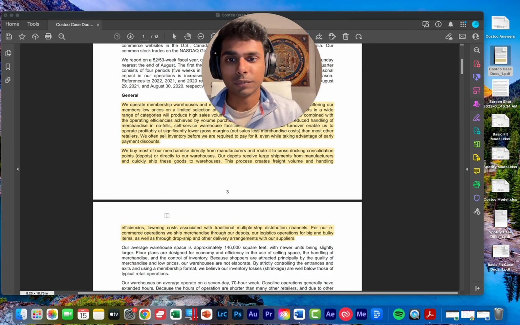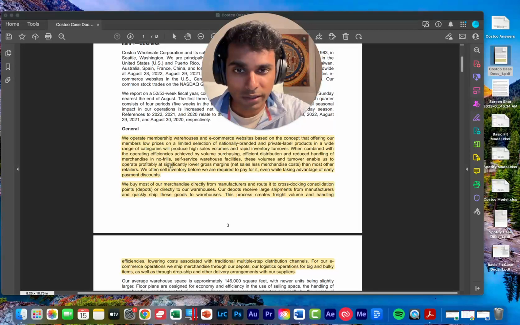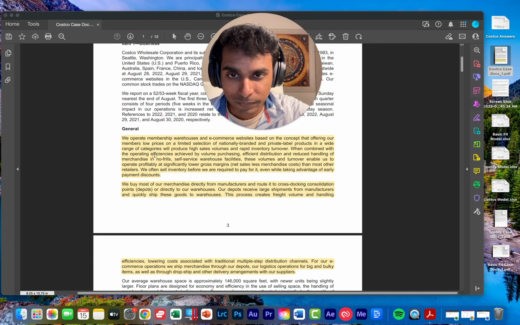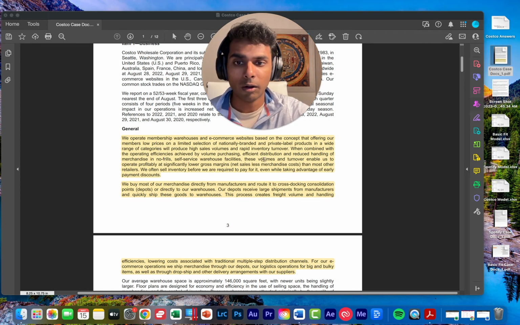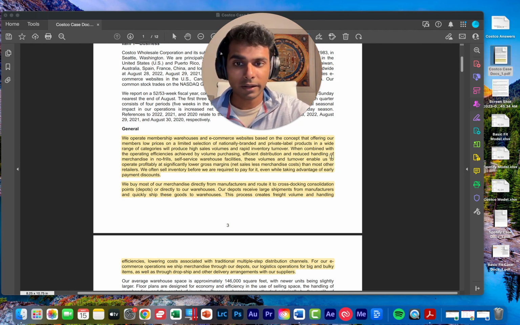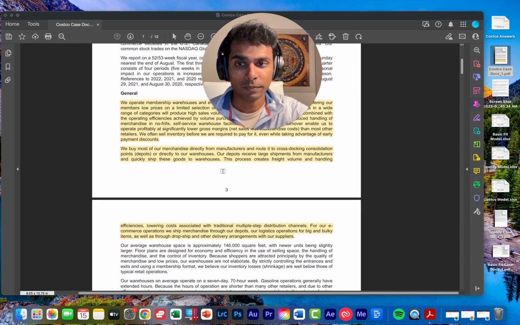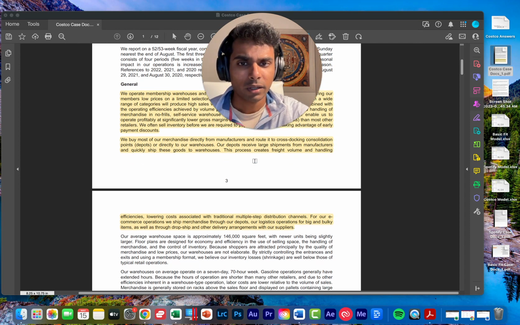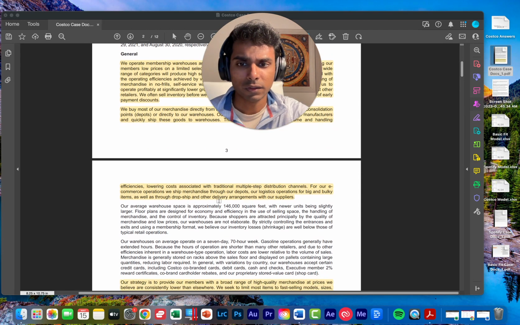Some of the clues I'm talking about are really specific words like volume purchasing, reduced handling, no frills, self-service warehouse, operate profitably at significantly lower gross margins than any other retailers, directly from the manufacturers, large shipments, quickly ship these goods to warehouses. This process creates freight volume and handling efficiencies, lowering costs.